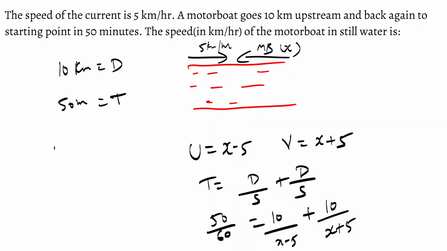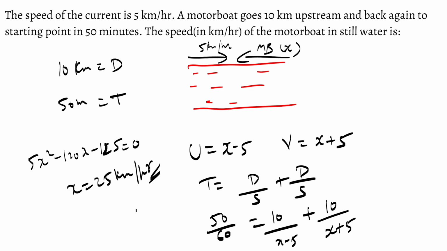We will arrive at a quadratic equation, 5x squared minus 120x minus 125 equals 0. If we solve this quadratic equation, we will get x as 25 km per hour. But we can also do one more thing. Instead of solving this quadratic equation, we can proceed by looking into the options.